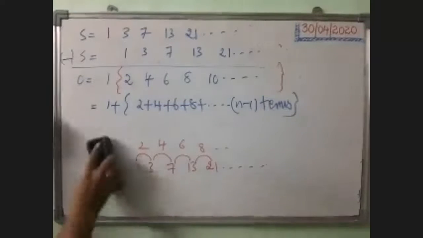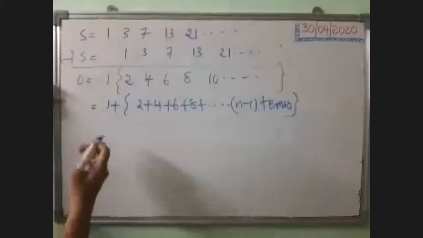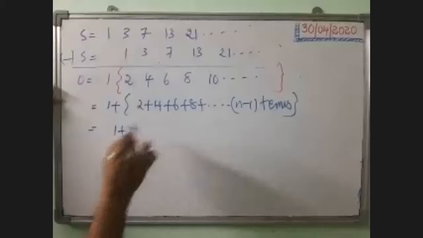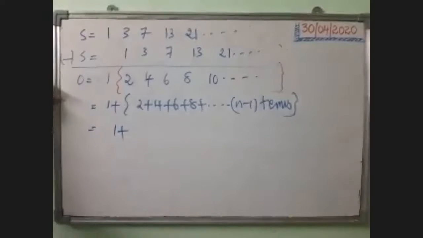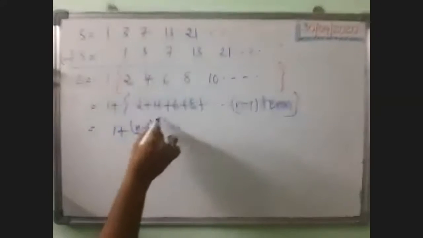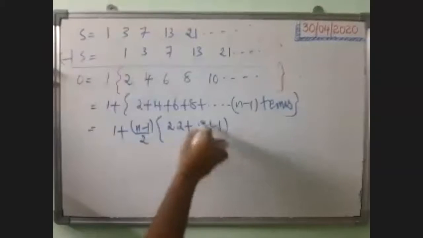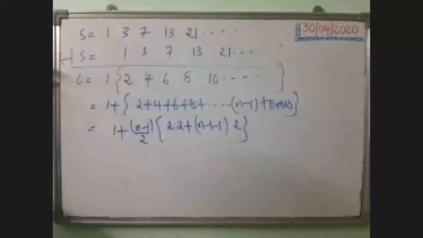So this is equal to 1 plus the sum to n minus 1 terms. The formula is n by 2 into 2a plus n minus 1 into d. In the place of n, we write n minus 1: n minus 1 by 2 into 2a, which is 4, plus n minus 1 minus 1 into the common difference 2.